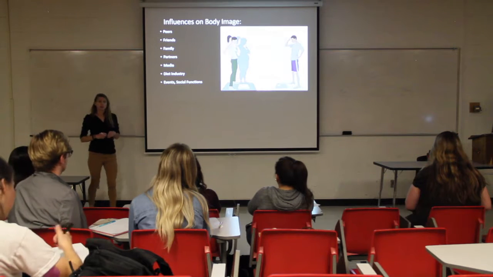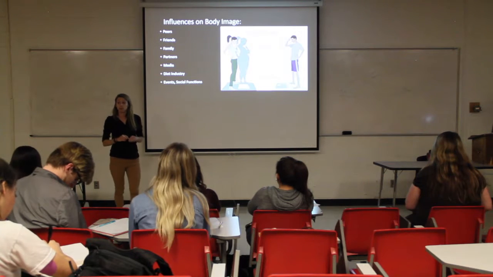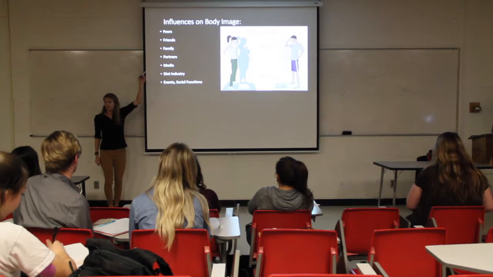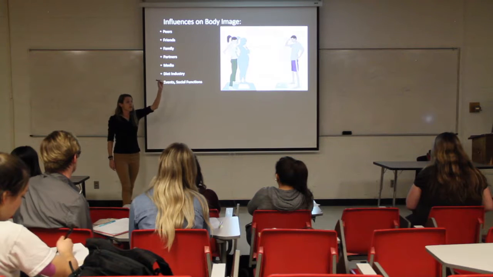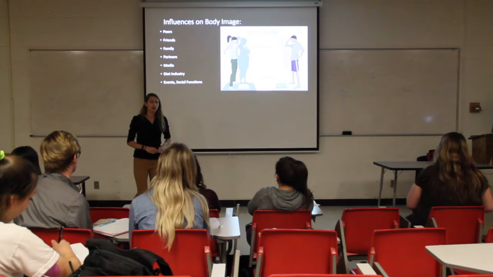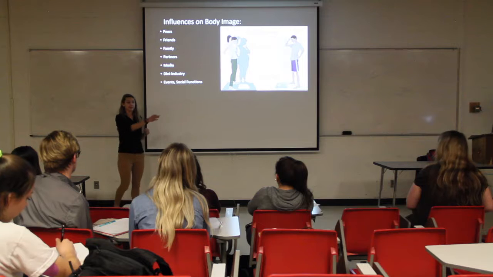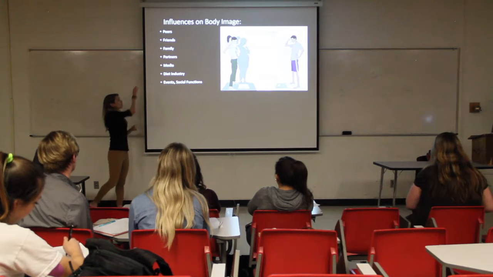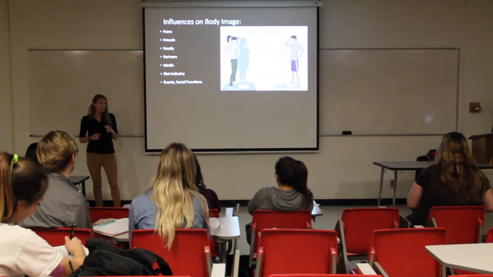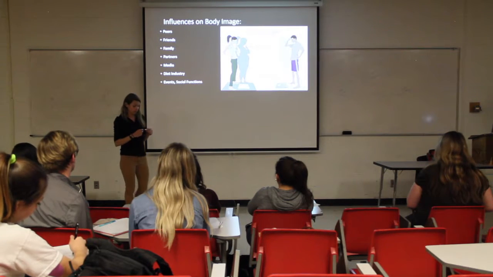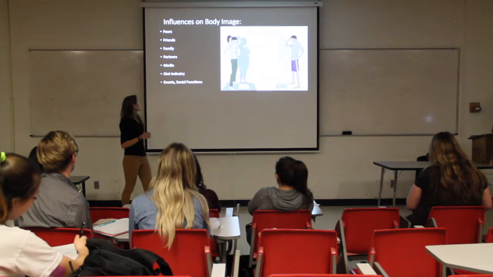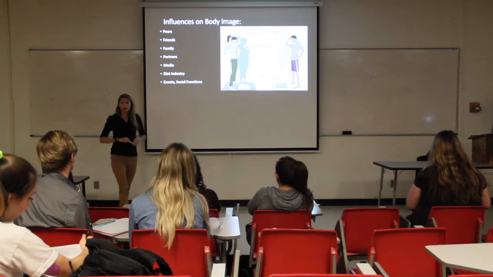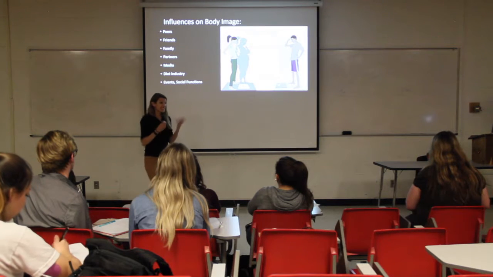Our peers, the people we hang around a lot, people we work with, our friends, the people we work out with, for example. Well, what kind of exercises are they doing? I want to do those. That could be a social comparison. Our family, they set standards for us all the time. Partners, we want to look good for whoever we want to attract. We want to be sexy.